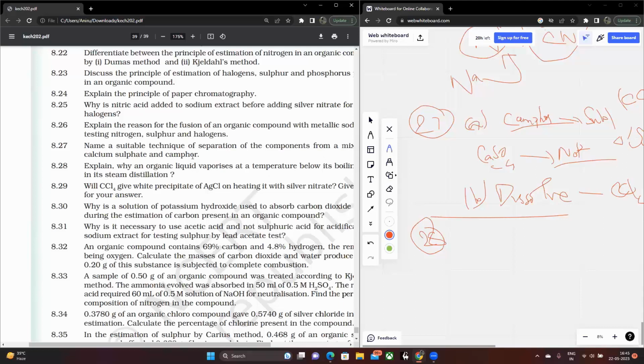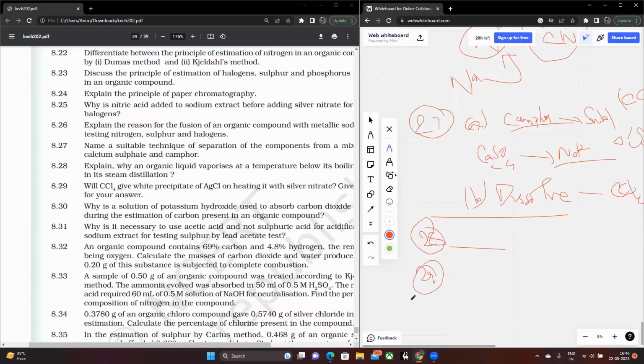So under this condition, you have a very low vapor pressure needed for the organic liquid itself to boil, and so the boiling point of the organic liquid is drastically reduced because you drastically increase the vapor pressure of water externally. That is the principle of steam distillation, and that is why organic liquids vaporize at a temperature below their boiling points in steam distillation, because of the partial effects of the vapor pressures themselves. That is question number 28.